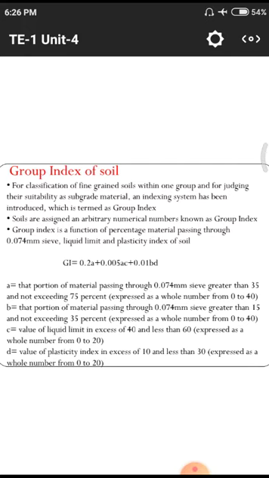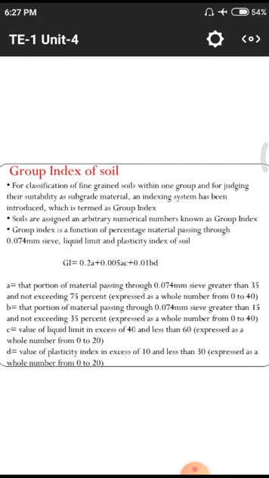After that the liquid limit, and next we do the plasticity index, so that by combining all those things we have a formula at the bottom. GI, the group index, equals 0.2a plus 0.005ac plus 0.01bd. It is an empirical formula derived from constant equations.